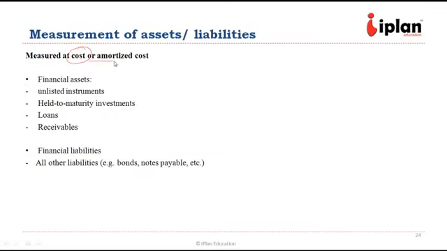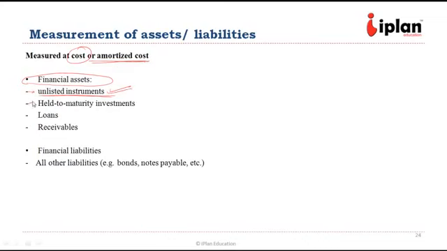Now let us look at another kind of measurement, which is at cost or amortized cost. If the financial assets belong to these categories, their value will be measured at cost or amortized cost. For example, if there is an over-the-counter instrument or unlisted instrument, we cannot find out the actual fair value or market value for that particular instrument.